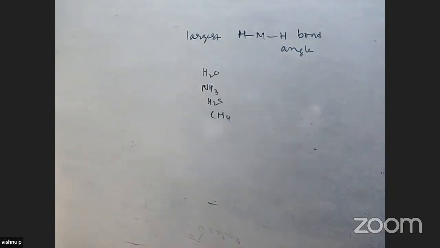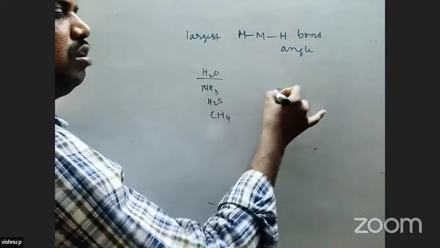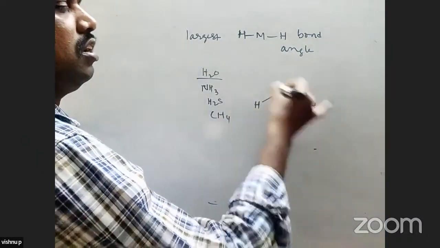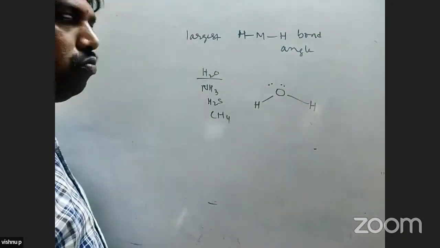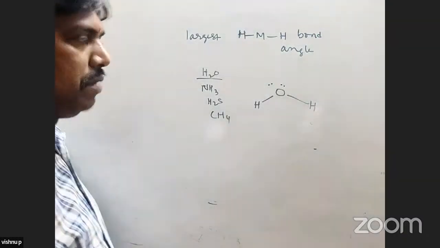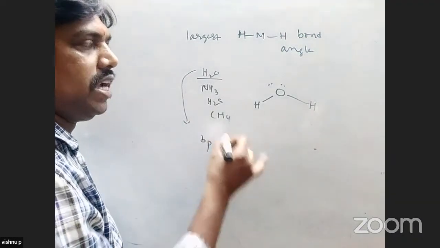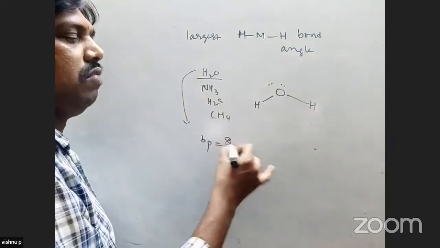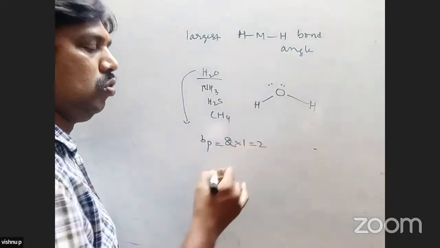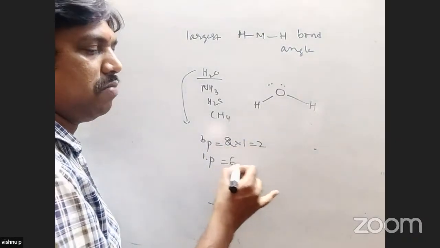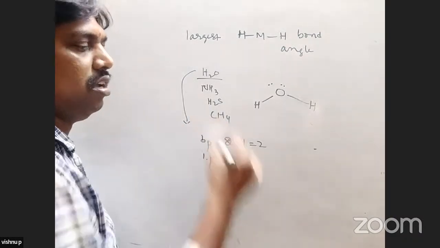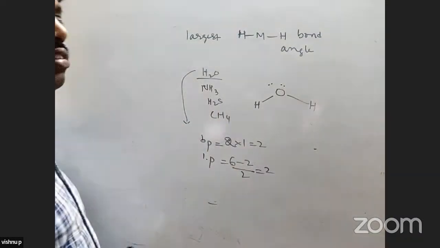Here, what is the bond angle? H2O, oxygen. This is the structure: 2 lone pairs and 2 bond pairs. You know how to find out the lone pairs. In H2O, find out the bond pairs: 2 surrounding atoms, hydrogens, valency bond is equal to 2. Lone pairs, oxygen group number 6 minus 2 bond pairs, by 2, we get 2 lone pairs.